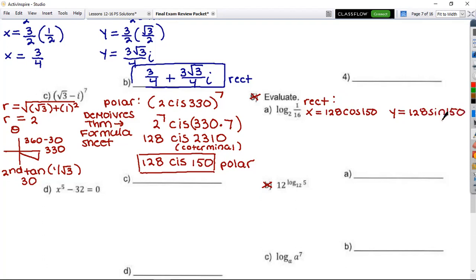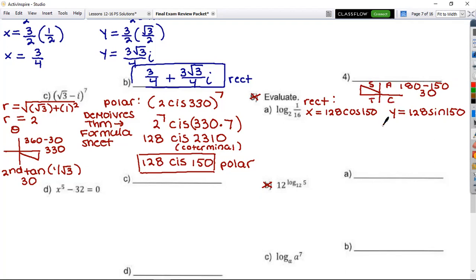And 150 degrees is quadrant 2. So you're going to do 180 minus 150, which is equal to 30. You're immediately going to label ASTC and kind of go from here.